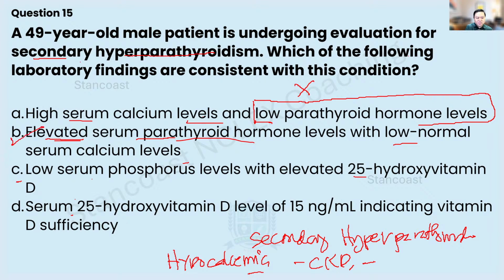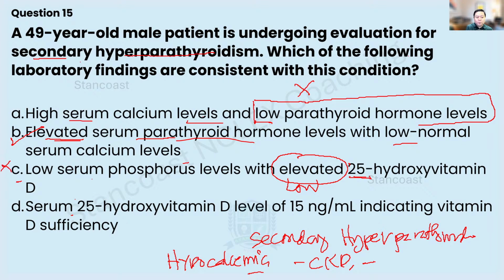If you answered letter C, low serum phosphorus levels with elevated 25-hydroxyvitamin D, take note that 25-hydroxyvitamin D is what we call the active form of the vitamin D, right? This is going to be low, not elevated. So this is also incorrect.